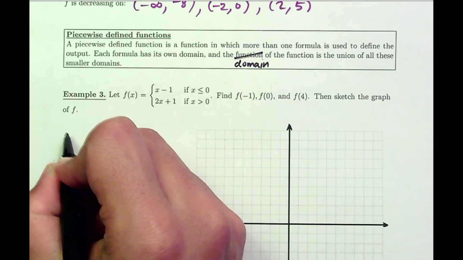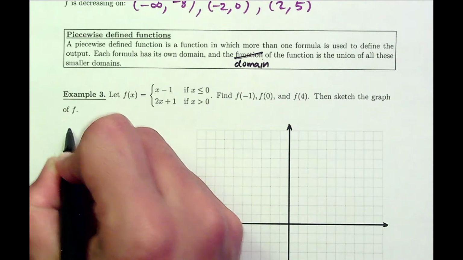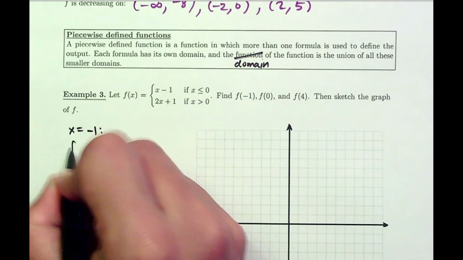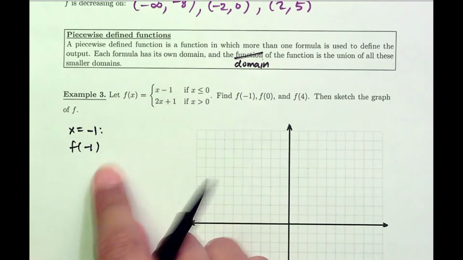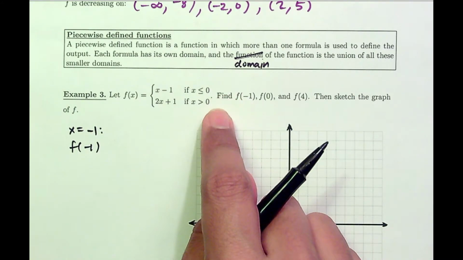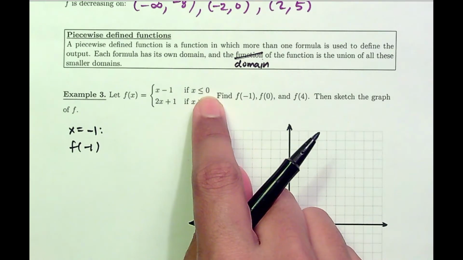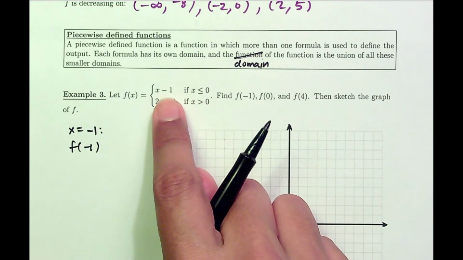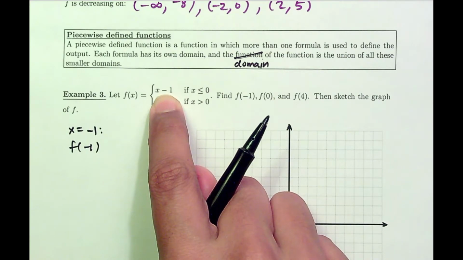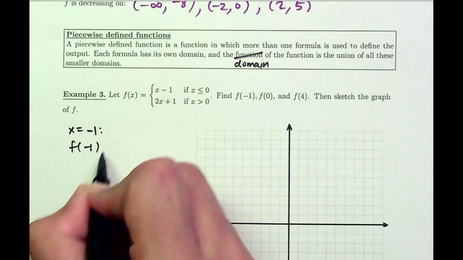Okay, so first of all, let's plug in x equals -1. I have to figure out which of these conditions is satisfied. -1 is less than or equal to 0, so that means I'm going to plug it in this formula, the formula that says x minus 1. So that's where I plug it in.